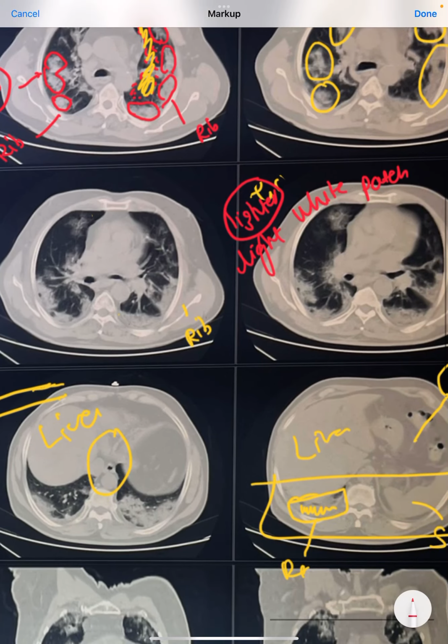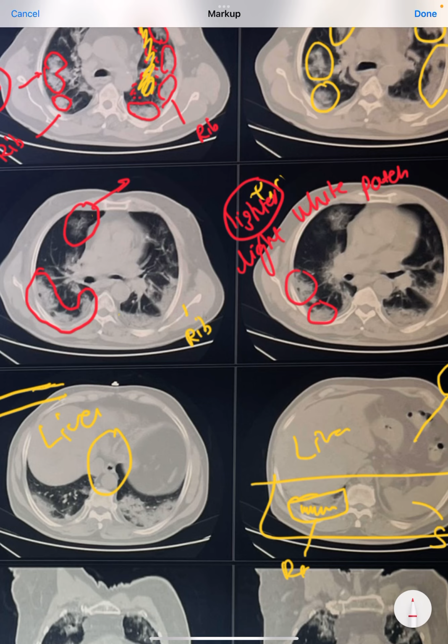You can see here, this is also a patch, but it is very light. Compare the radiolucency of this lesion with this lesion or this lesion. This looks much more faint white compared to the dense white consolidation which is here.